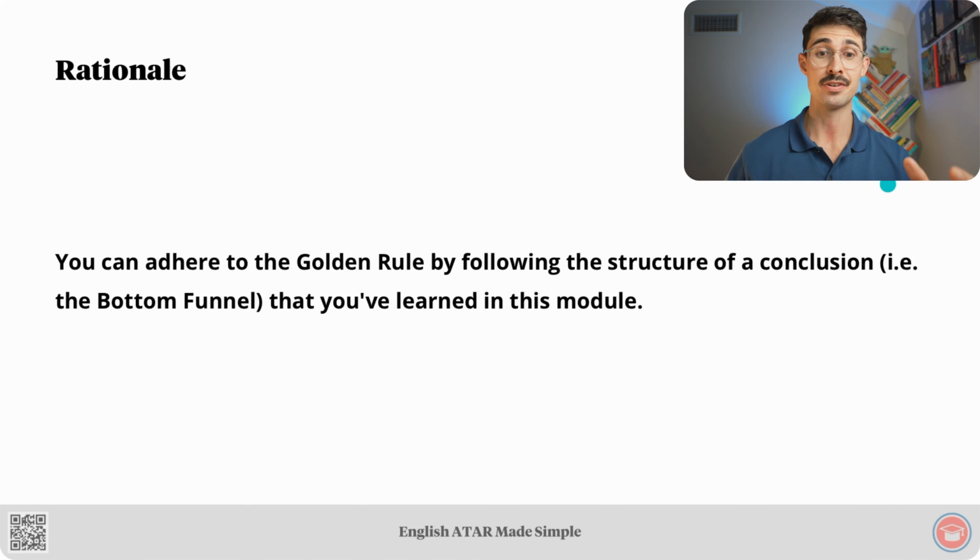It's the same thing when it comes to including new information in the conclusion of your essay. It's confusing and it detracts from your thesis. So please don't do it. You can avoid including new information in your conclusion by following the structure of a conclusion, i.e. the bottom funnel that you've learned in this module.